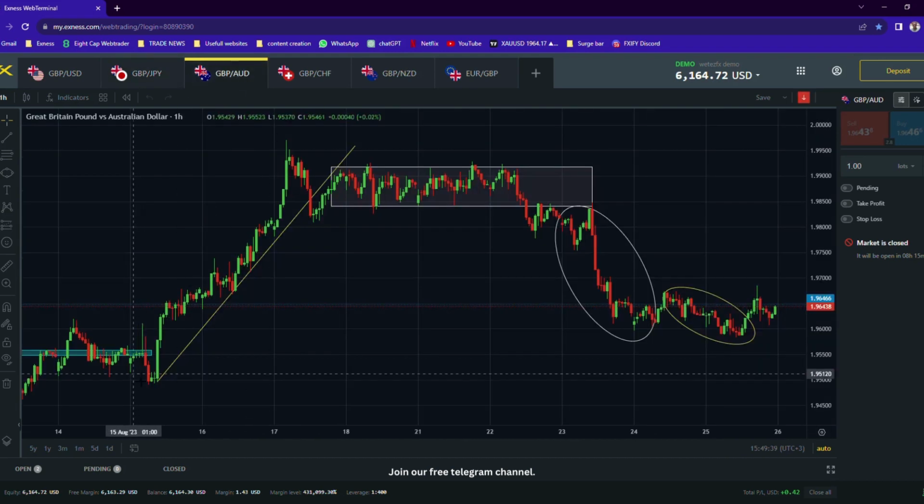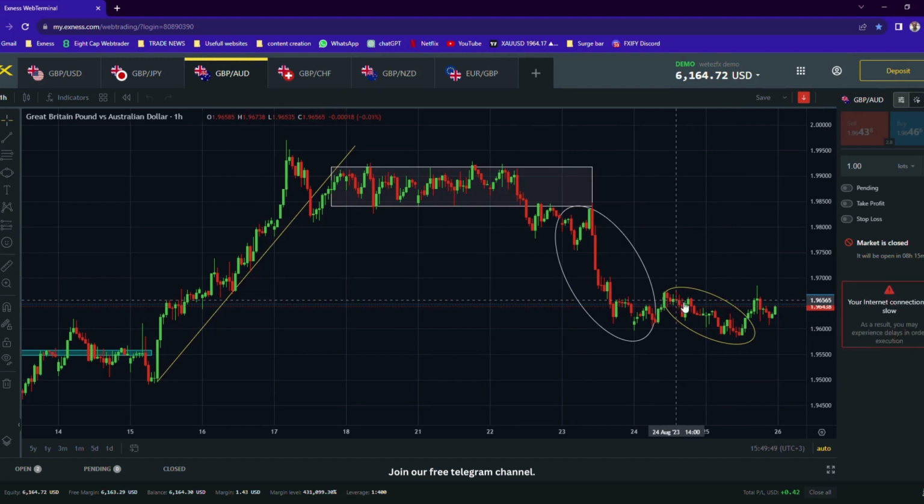Now look at GBP AUD, upward trend, range, impulse move on the same day, which is 23rd, and on 24th it was a slow momentum to the downward side. But what caused this? Because this pair is against AUD, and AUD had a different structure too.